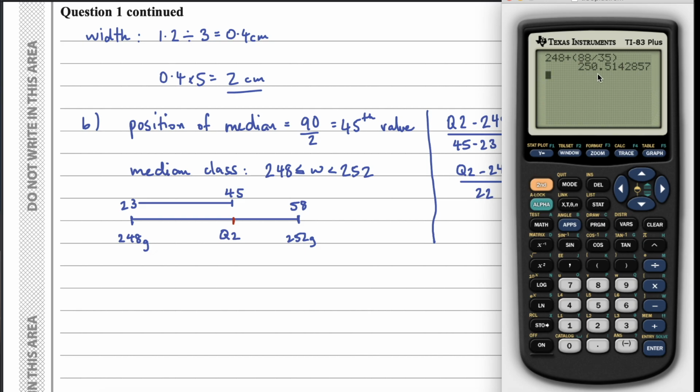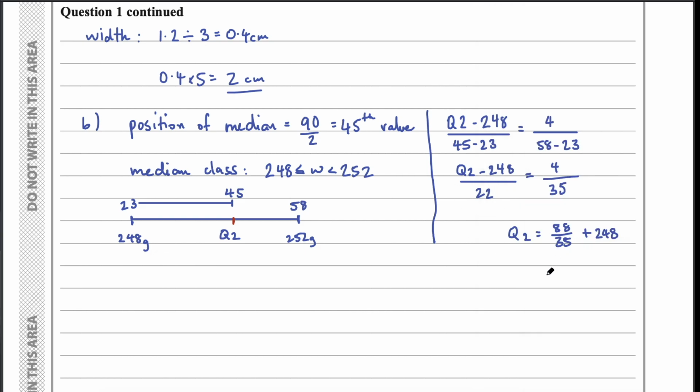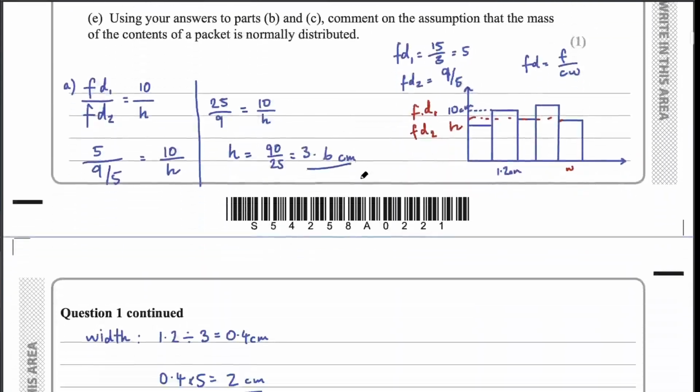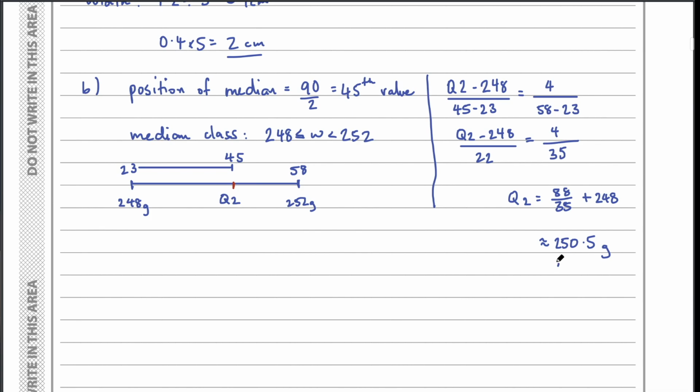And we get 250.5142, which will round to 250.5 grams. And I think the question said to one decimal place, so there we go. There's my median for this table of values.